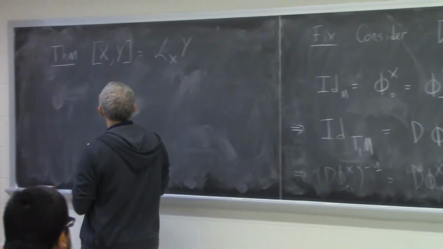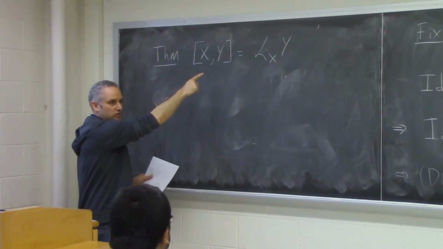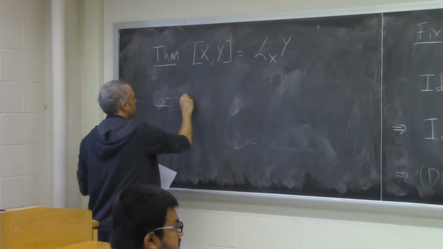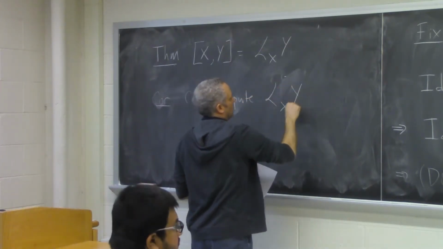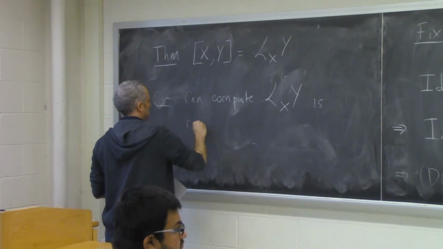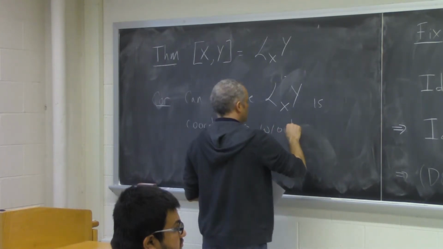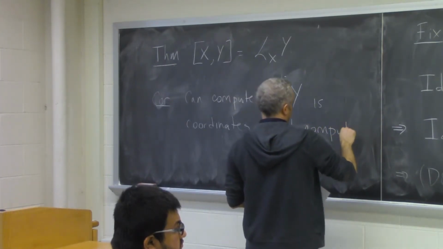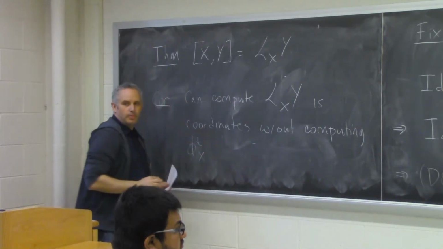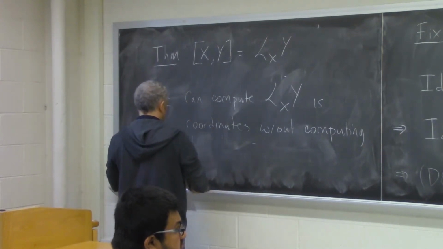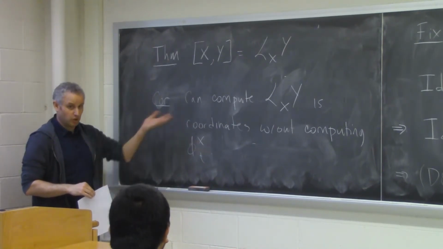All right, so as an immediate corollary, we can compute L_x y in coordinates just by taking partial derivatives, without computing the flow phi_x^t, which we can't always do. Okay, so we can always take partial derivatives.